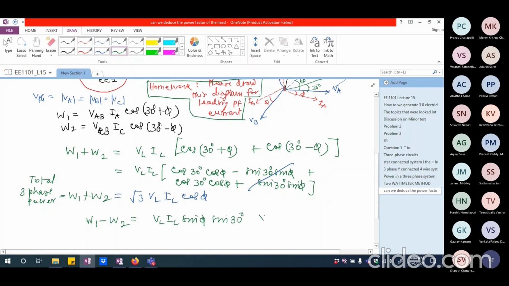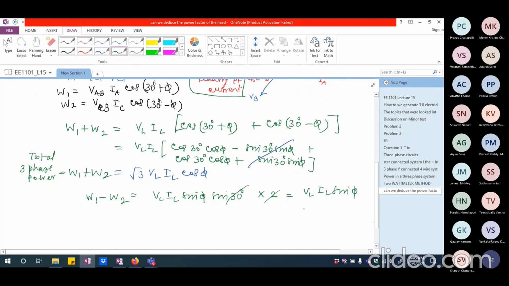This is going to be 2 times because sine phi and sine 30 are added together. And sine 30 and 2 will get cancelled with each other, right? Sine 30 is half. So I'm going to get VL IL sine phi.